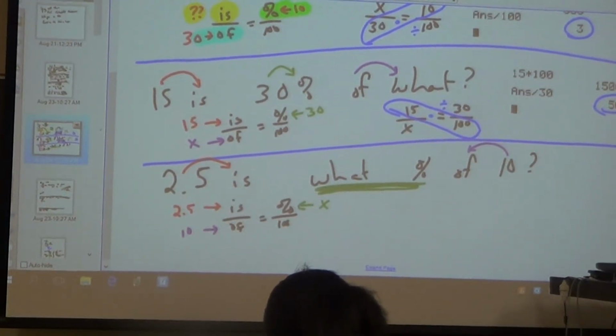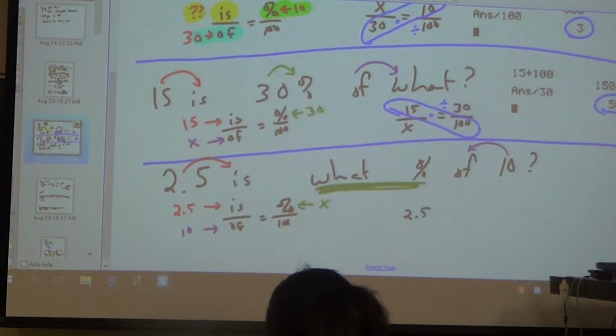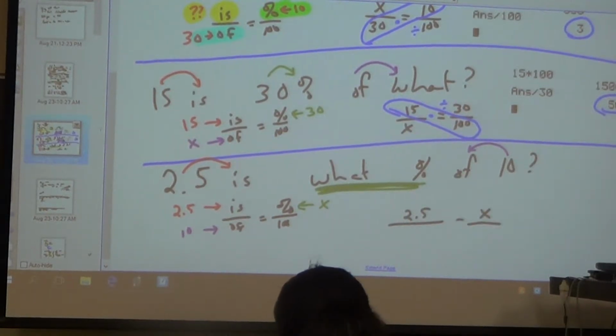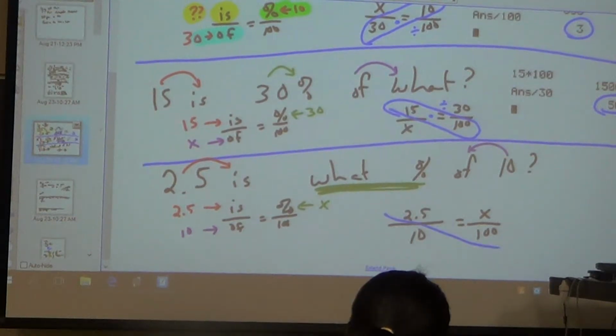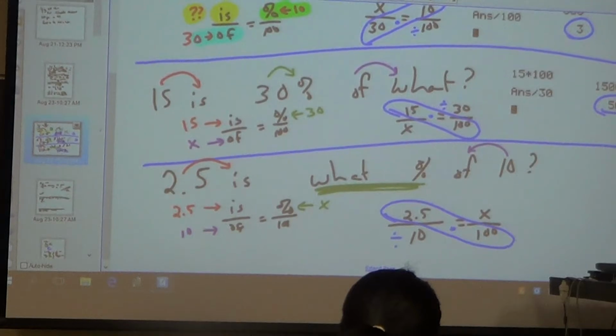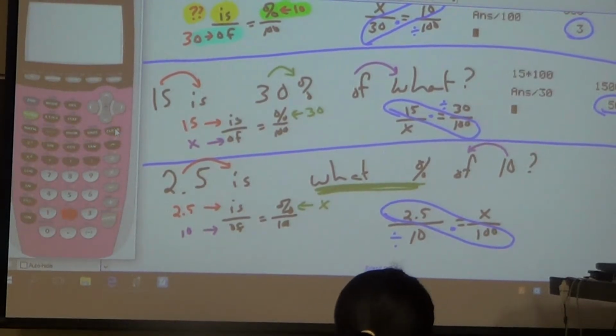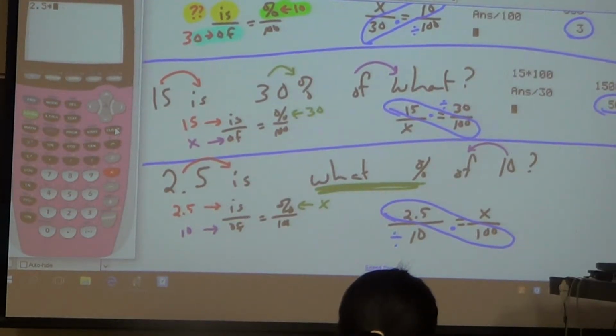So let's read it. 2.5 is what percent of 10? So 2.5 is your is. What's your percent of 10? Multiply the numbers that are diagonally across and divide by your loner. So it's going to be, did I give you another good one?